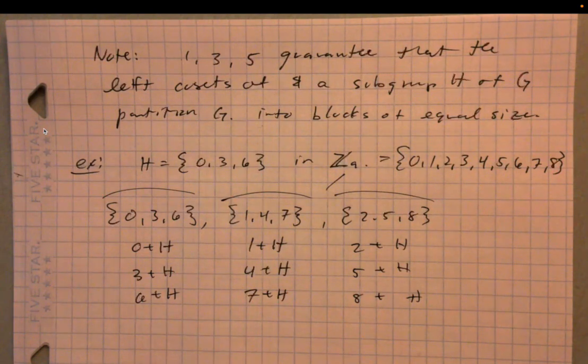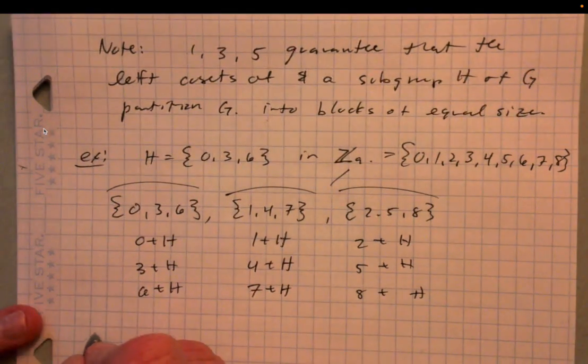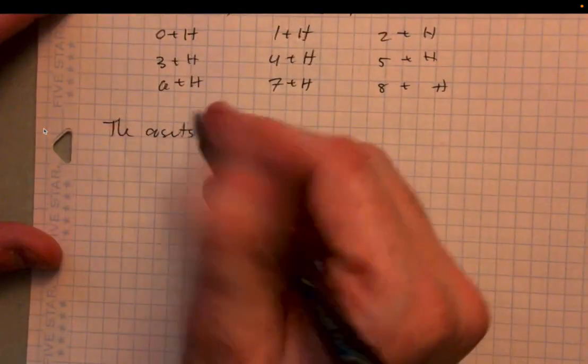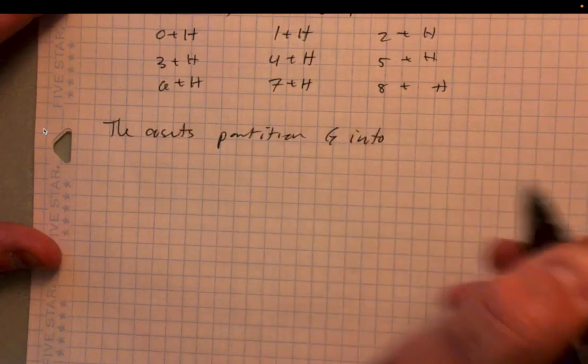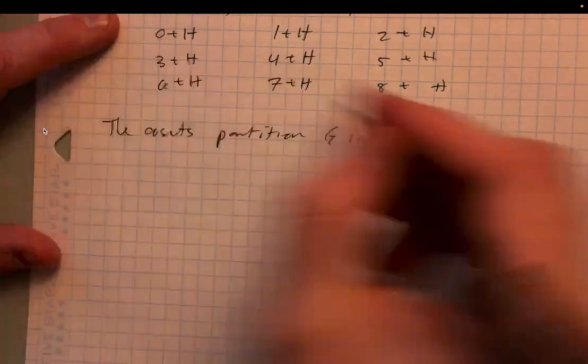We can think of the cosets of H as a partitioning of the group G into equivalence classes.